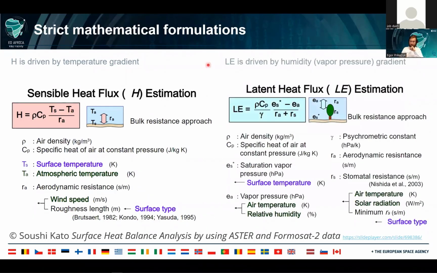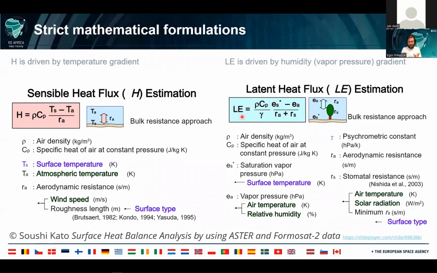Latent heat flux is driven by humidity, because it's the same exact movement of water from the bottom to the atmosphere. But if the atmosphere, for example, is completely saturated with water, you cannot put more water in the air. It just doesn't accept it. It will condense to rain or to water droplets.